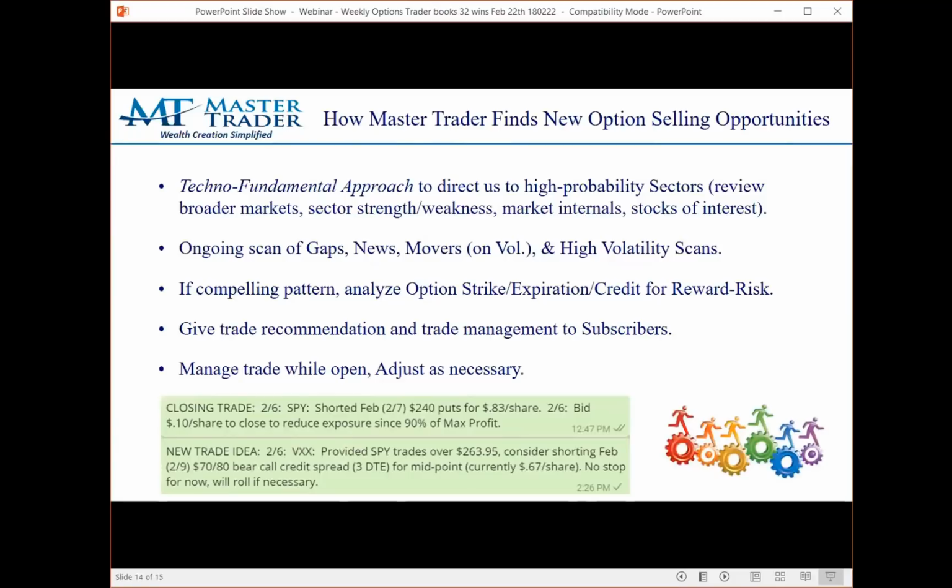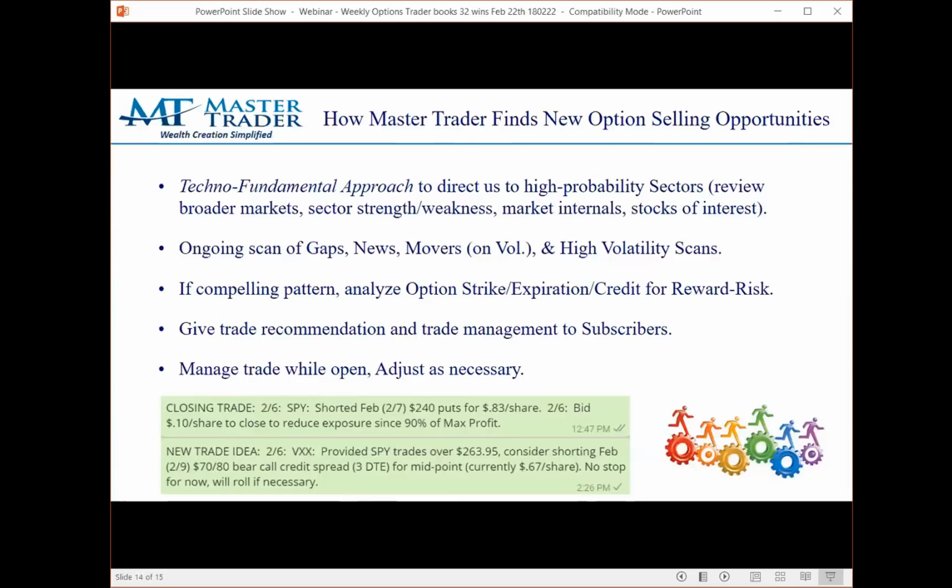Then I'll trade it. We give the trade recommendations both in chat and email to our subscribers, and then we just manage it. And there's the word adjust, as I was talking to Scott earlier. And these are just two posts to show you how we post chats to our subscribers. But those short puts I was telling you about, that was one of the many that we did.